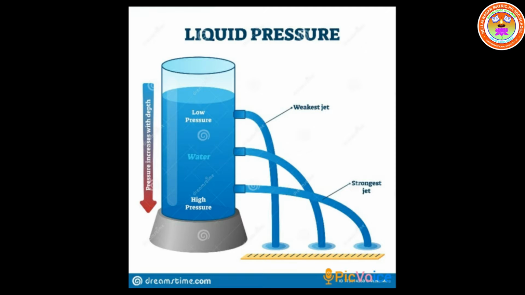Then fill the can with water. Check the water flow in each hole. The picture itself shows that the weakest flow is at the top of the water. The strongest flow is at the bottom.